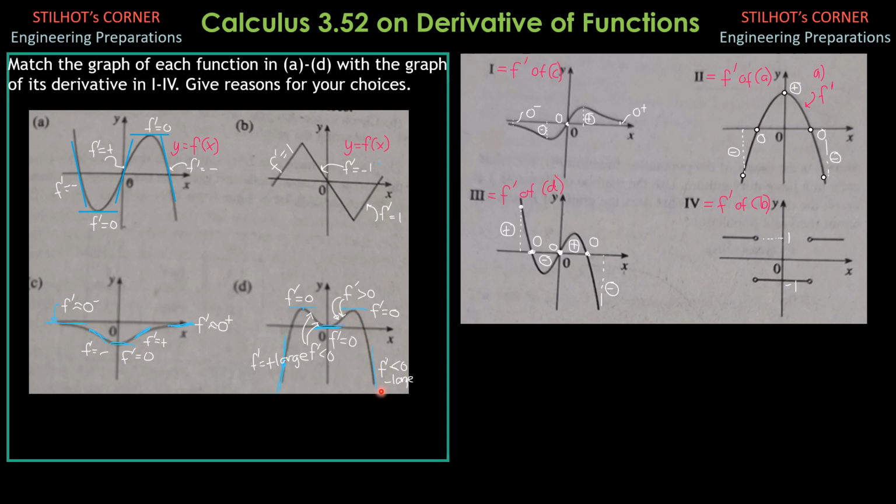So the slope from this point down to that point is negative, and it is increasing negatively. So from this horizontal tangent here, f prime is 0, and the slope becomes negative and it increases. Therefore, no doubt, the graph of f prime for D matches that of 3. So that's it for this problem.